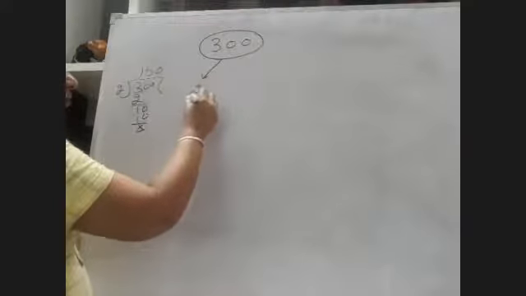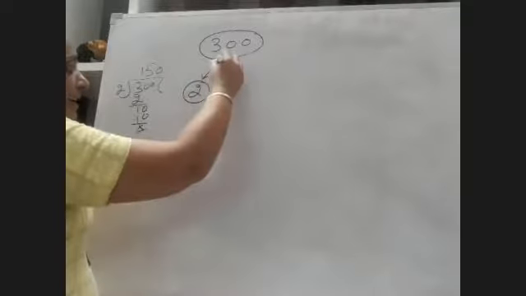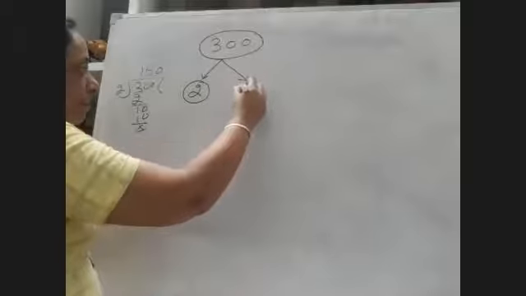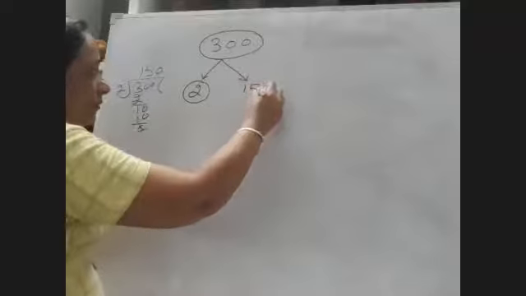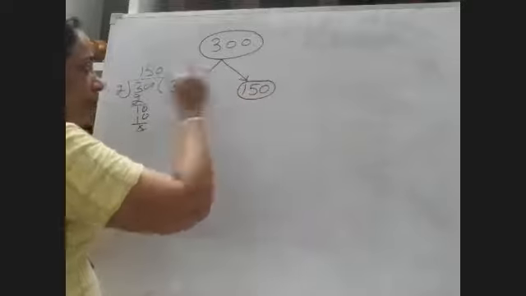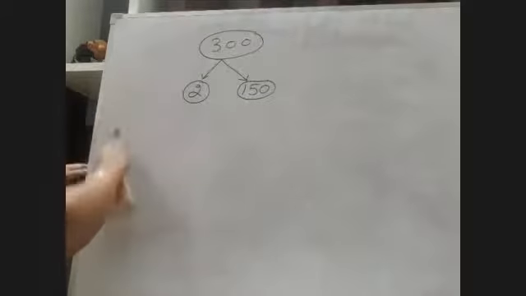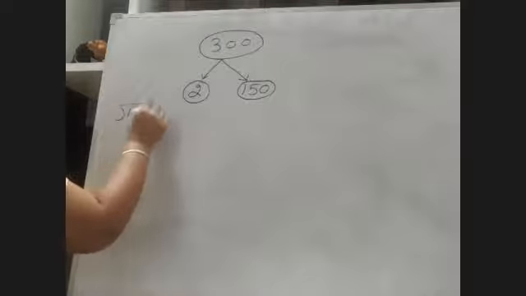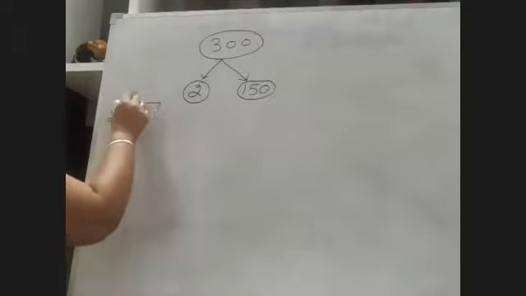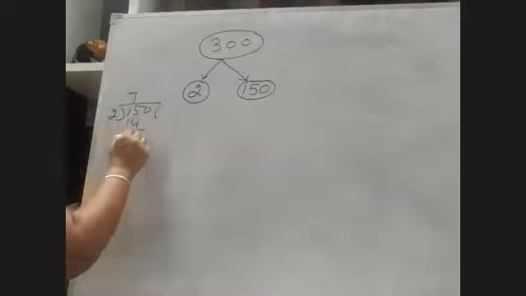First part is 2 and second is 150. Yes, friends. Again, our number 150 is an even number. 150 divided by 2. 7 2s are 14.